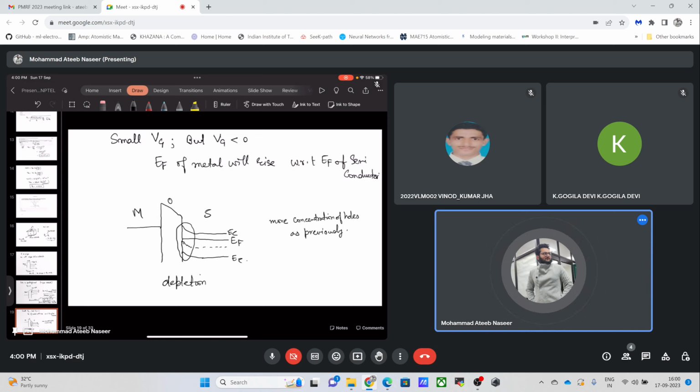As a result, the material can become very much p-type at the interface.